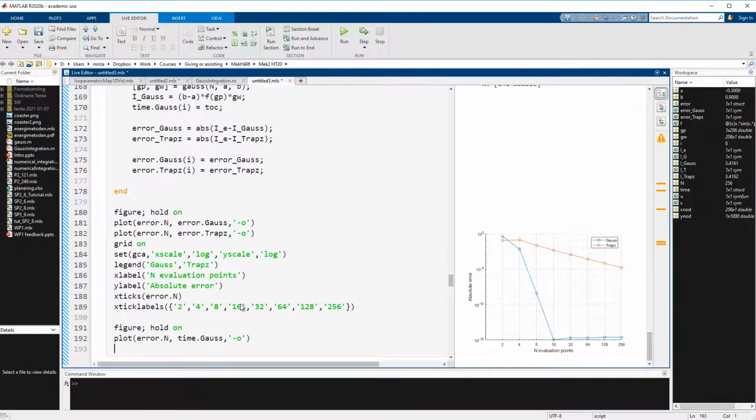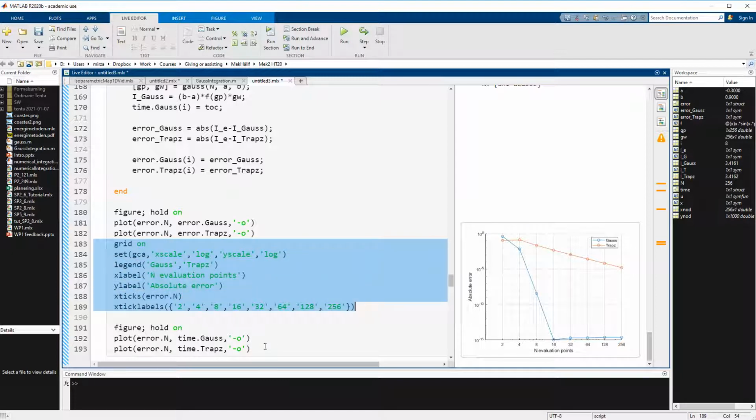And then I have the same, copying this, error n and time dot traps, like so.